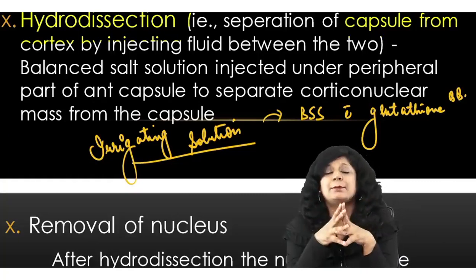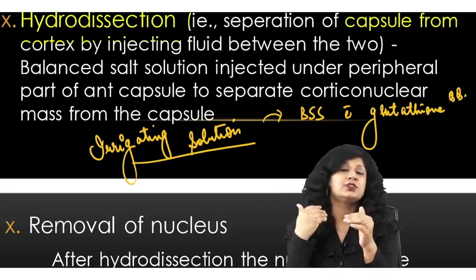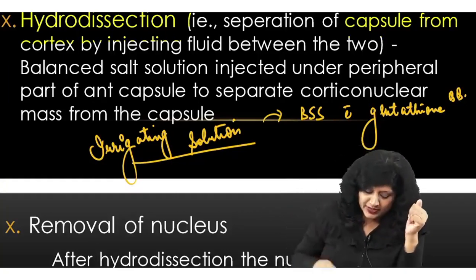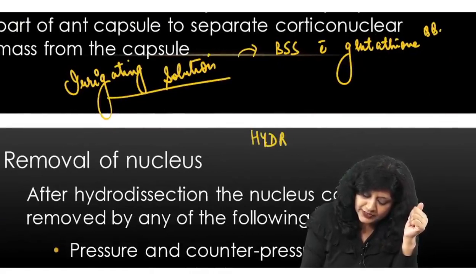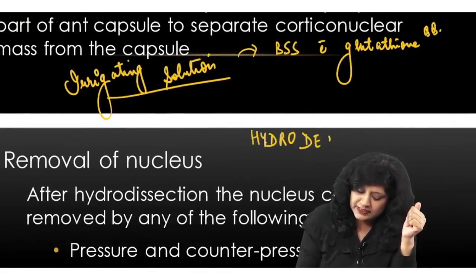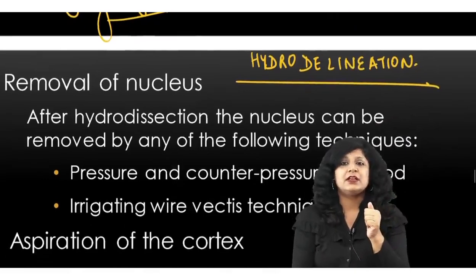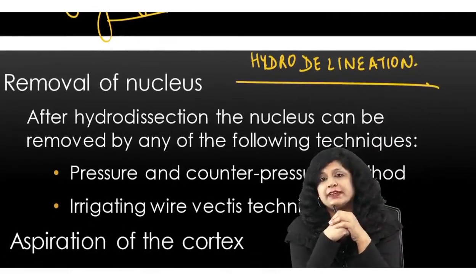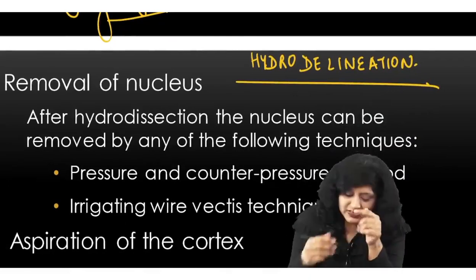Sometimes there is dense nuclear sclerosis also, there is nuclear cataract also. In those cases we require hydrodelineation also. Every case may not require hydrodelineation, but every case requires hydrodissection.